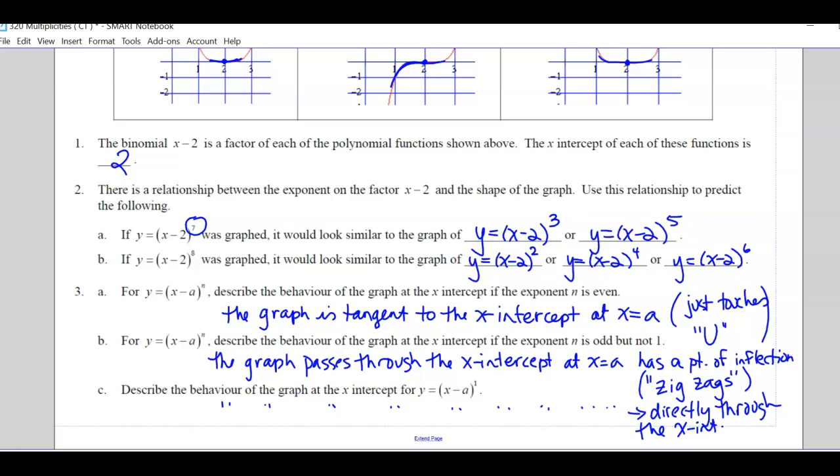Directly through the x-intercept. Okay, it's actually a straight line. For this case, it might not always be exactly a straight line, but it's never changing from leveling off to going steeper again. Okay. All right.